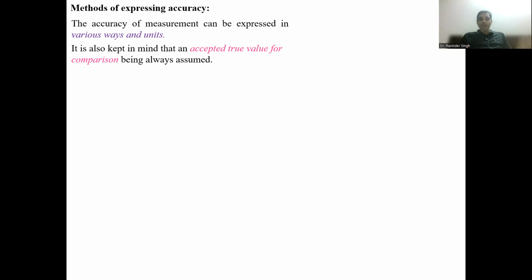So we must always have an ideal or true value. If our observed results differ from the ideal or true value, then these results will have some error.